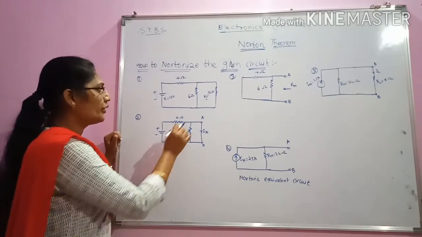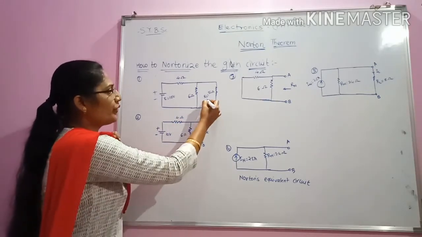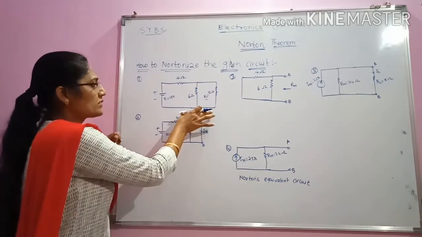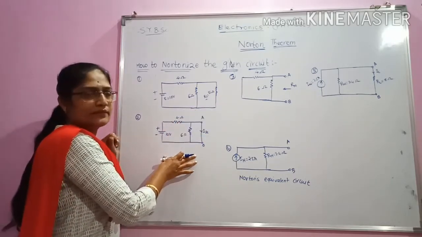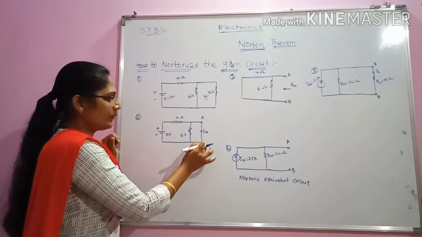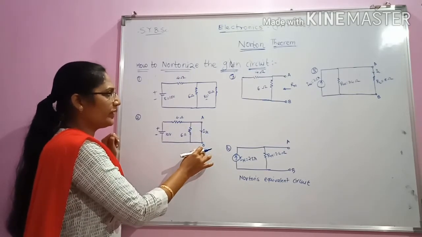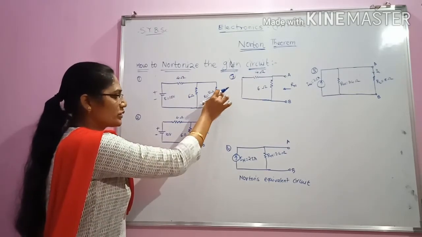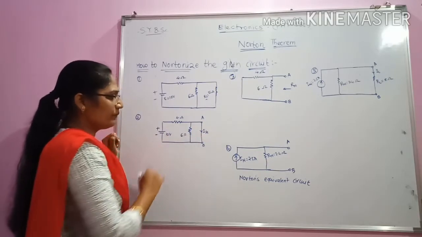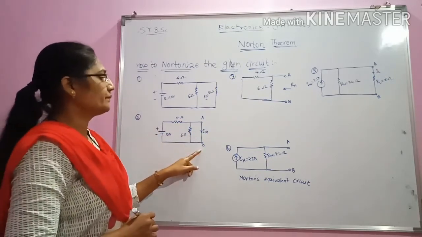When we remove this load, the circuit becomes like this. It means that these are the two terminals A and B, and as we have removed this load, this becomes a short circuit.